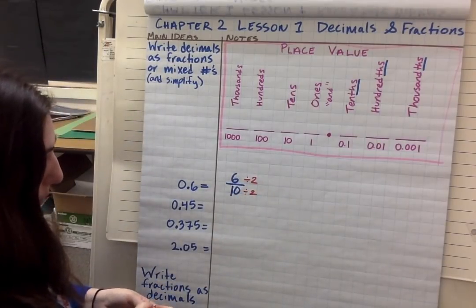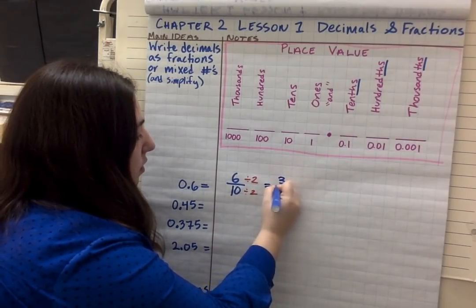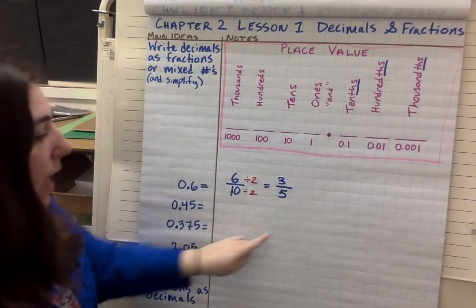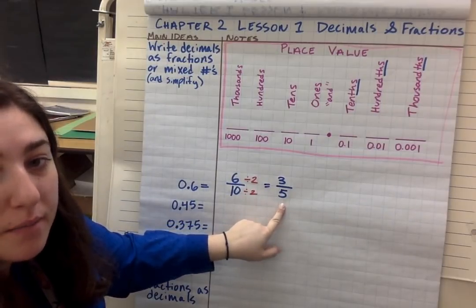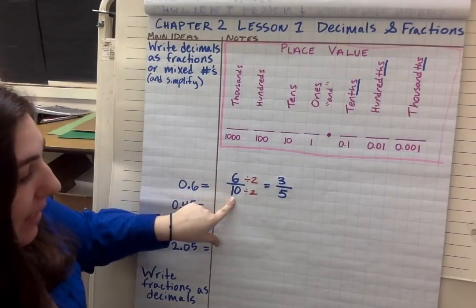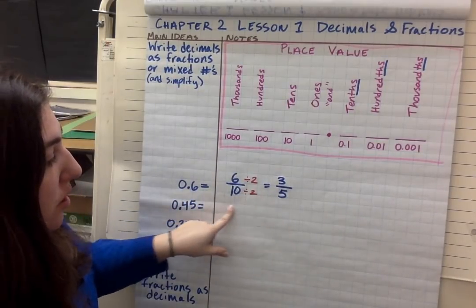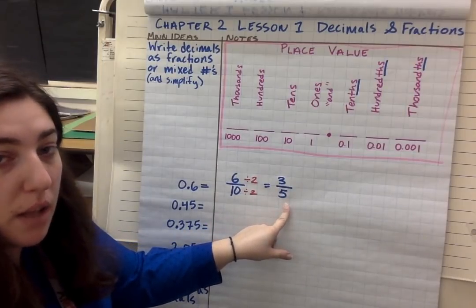Once I divide them both by 2, I have the fraction that I want. Okay, so 0.6, 6/10 is the same as 3/5. I didn't change the fraction, okay, I just made it look smaller.